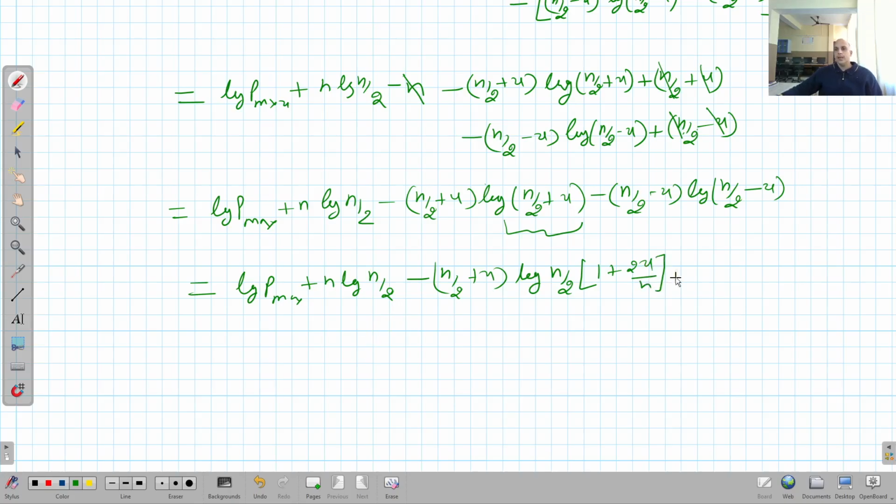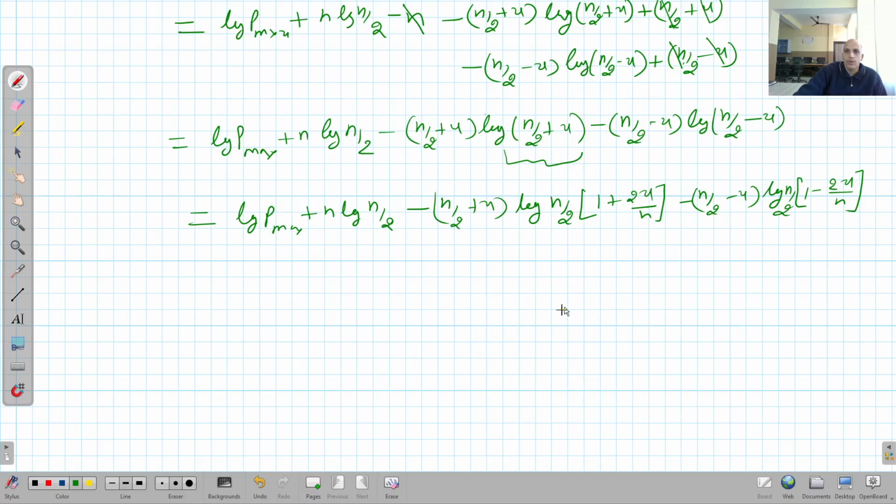Similarly, minus (n/2 minus x) into log of n/2 into (1 minus 2x upon n). So this is what I got after taking n/2 common in both these equations.